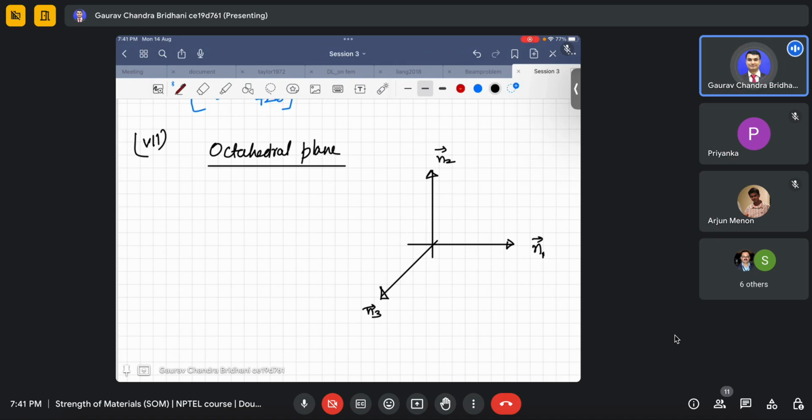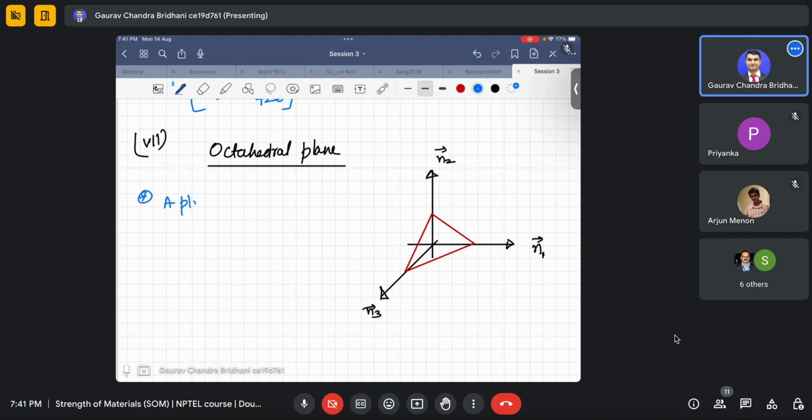Then if I imagine a plane which is equally inclined from these three directions, this is actually the definition of the octahedral plane.